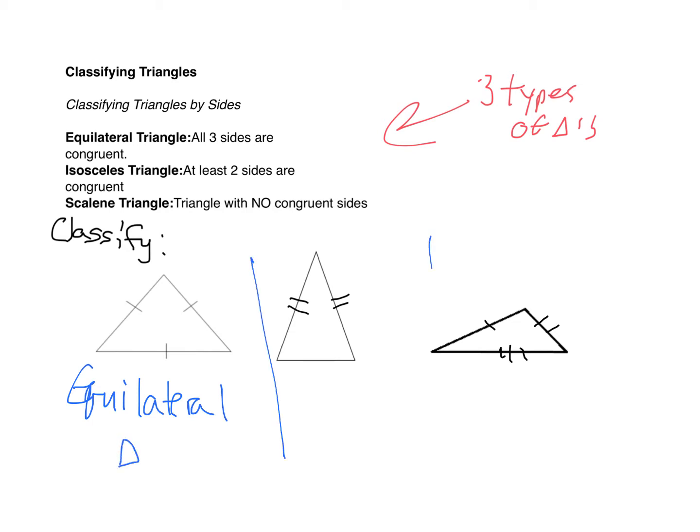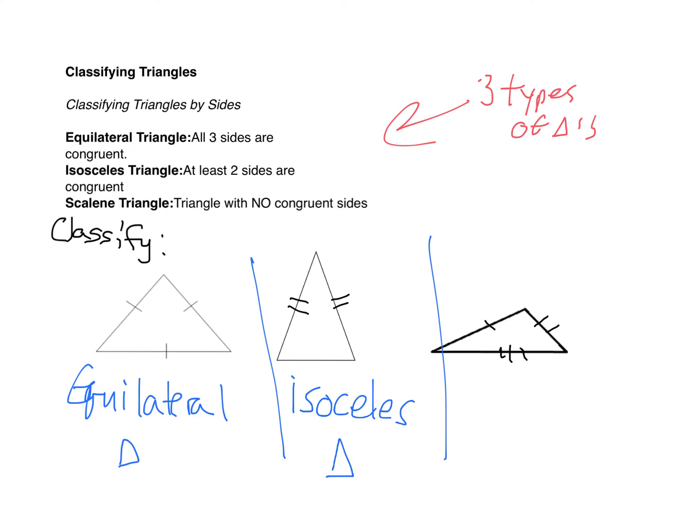Okay, next one. On this one, we see that this side and this side are congruent because of these tick marks. So at least two sides are congruent, and it fits that. So this would be an isosceles triangle.